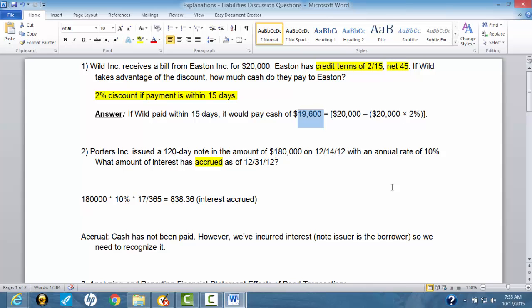Now note that when this payment is made, cash will decline, and let's assume it's an accounts payable, which is a liability. The accounts payable will decline also. So the accounting equation will be balanced. Assets go down by 19,600. Liabilities also go down 19,600.